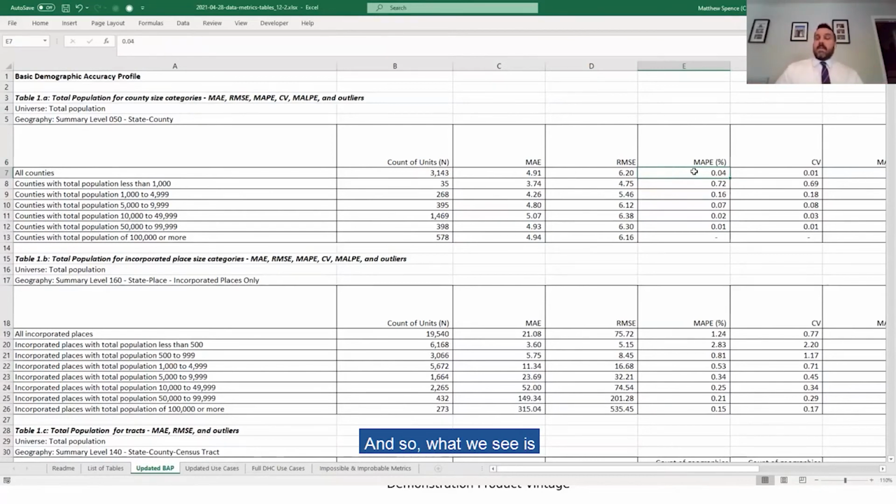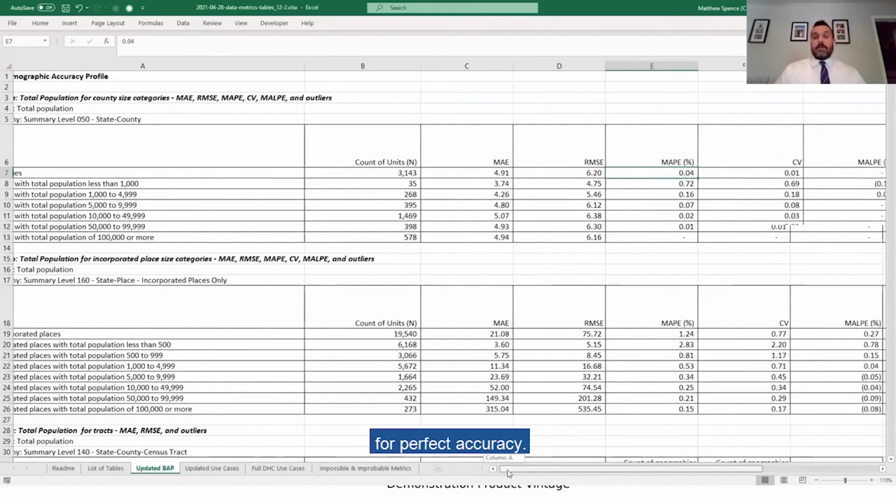And so what we see is that the MAPE is 0.04. So that's a very small number. That's 4/100ths, I think it is, of a percent. A very small number in terms of relative accuracy. So very good. Zero is the goal for perfect accuracy.